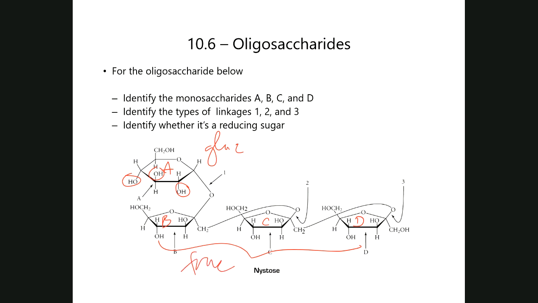Okay. So then comes trying to identify the linkages. So what type of linkage is linkage number 1? So if you observe, it's these 2 carbons that are linked with one another, right? If you've been paying attention and you analyze what this whole thing is, this is technically a sucrose, right?